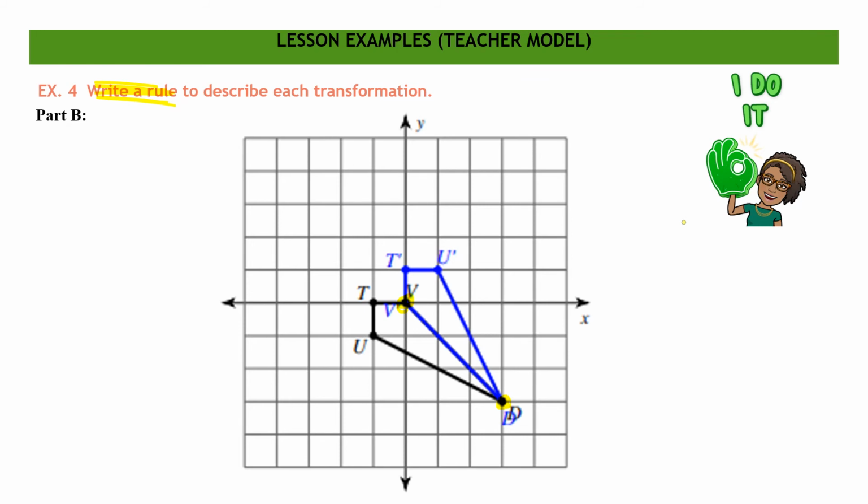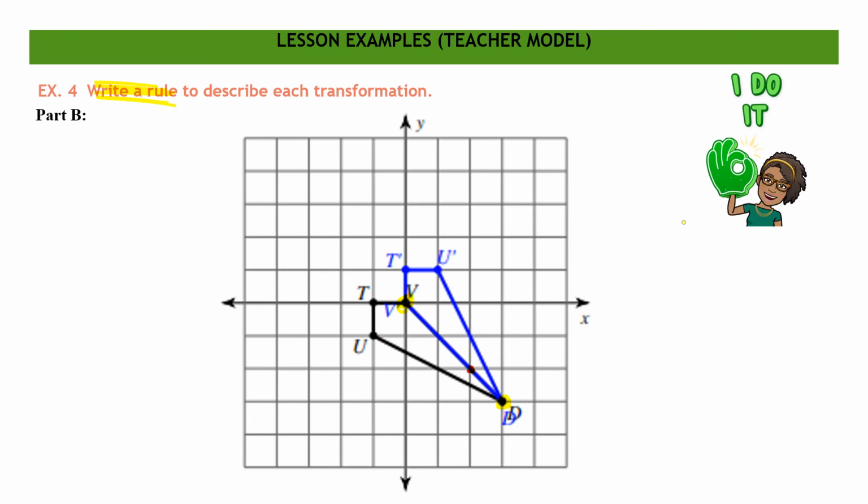Remember, if you notice an image and pre-image that are the same point, you know those points are already on the line of reflection. So that means a line of reflection has already been created. If we want to identify that line of reflection, we can see the pattern that's taken place.